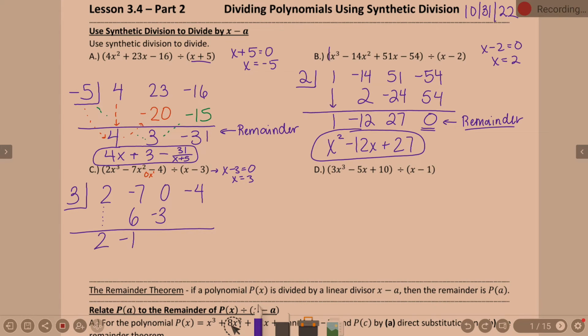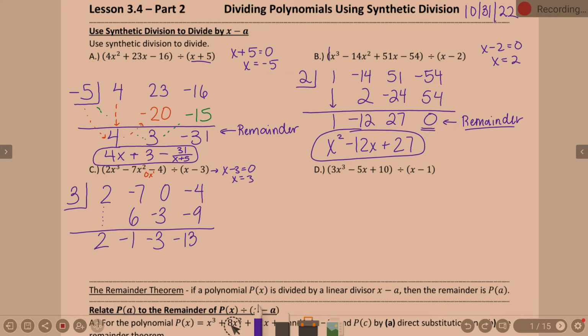Then I'm going to add 0 plus negative 3, negative 3. Then I'm going to multiply. 3 times negative 3, negative 9. And then I'm going to add negative 4 plus negative 9. Negative 13.